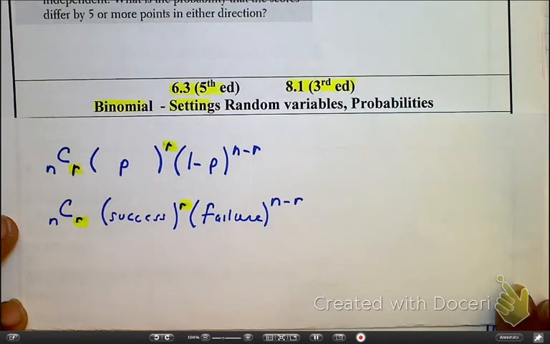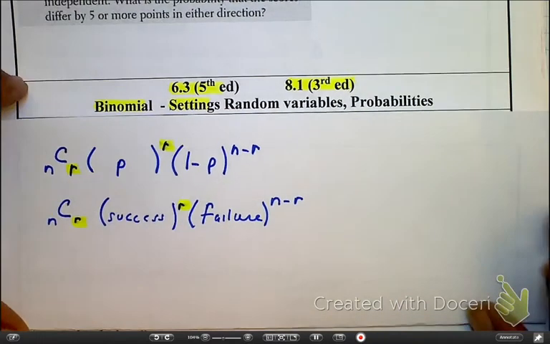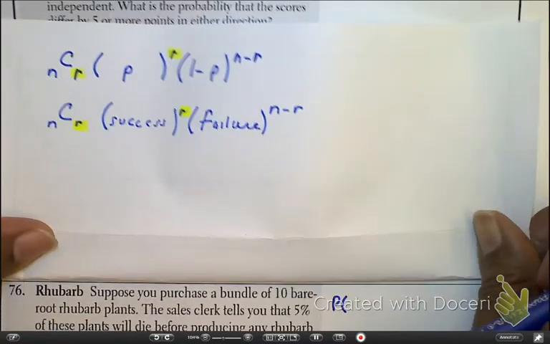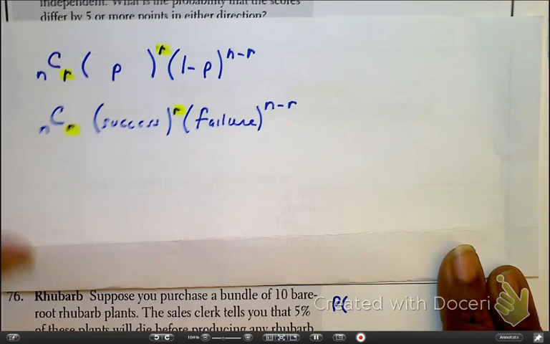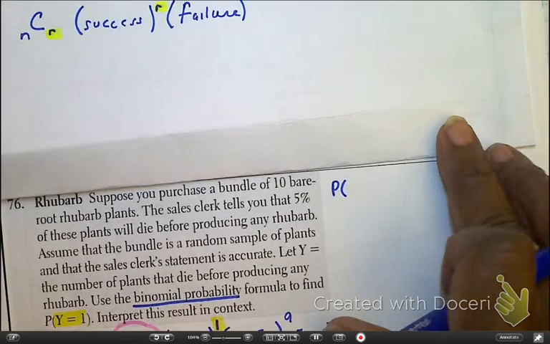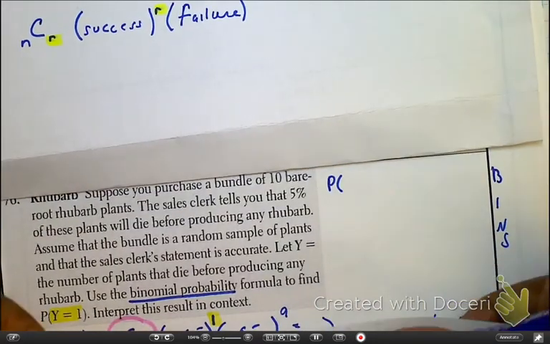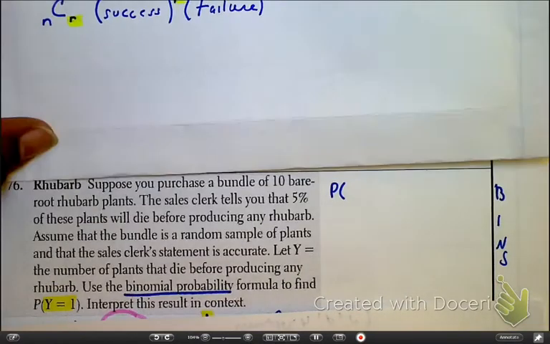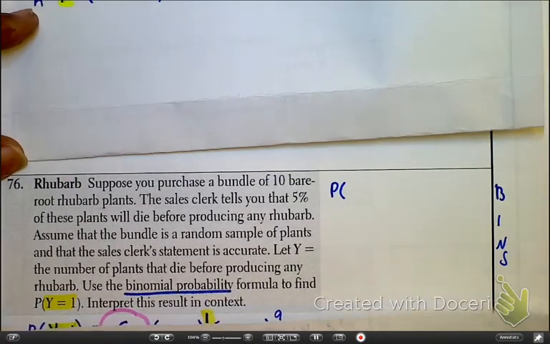So with that being said, I want to jump to page 16 of your notes and look at problem number 76. And as we look at problem number 76, go ahead and read that. It was nice enough for them to tell me that it was binomial.